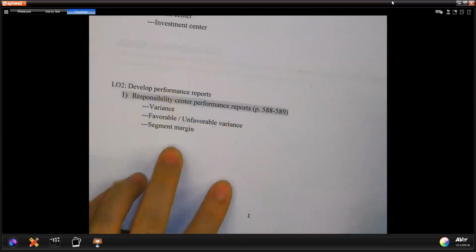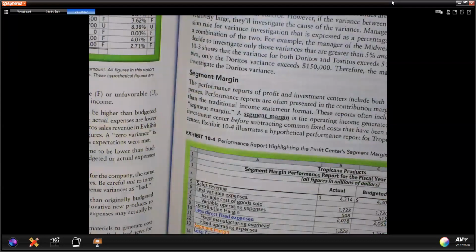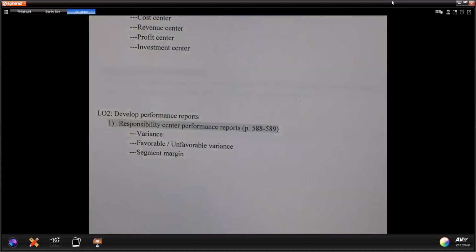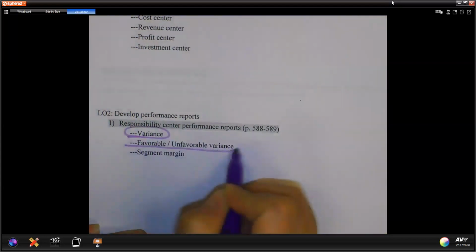And then the next one, develop a performance report. I even put the textbook pages here, basically pages 587 to 589. So we review this kind of briefly. There are two important concepts that you want to know, okay?